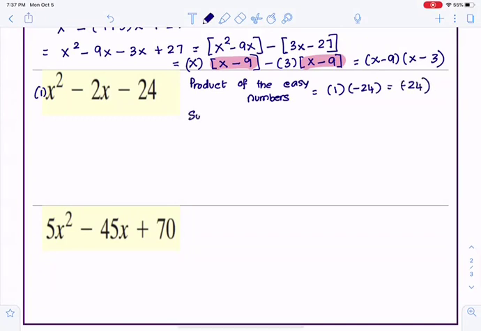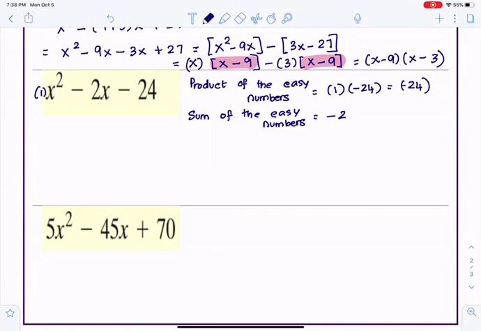The sum of the easy numbers must equal negative 2. So what are the numbers that could produce 24 as a product? 8 times 3 does, 12 times 2 does, 6 times 4 does.